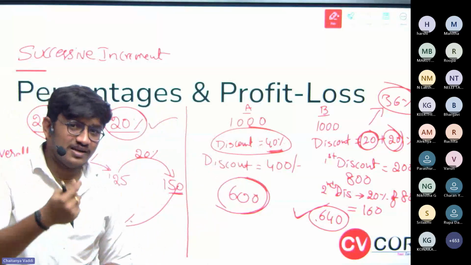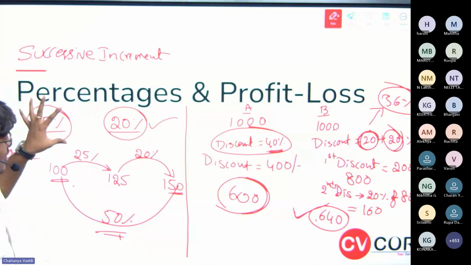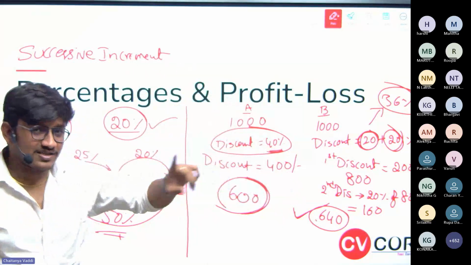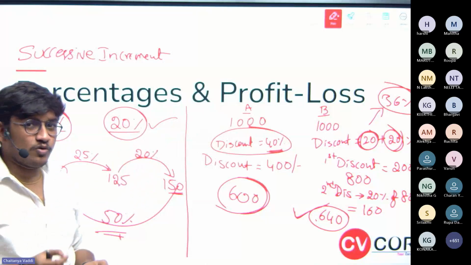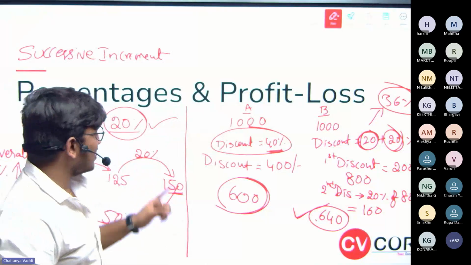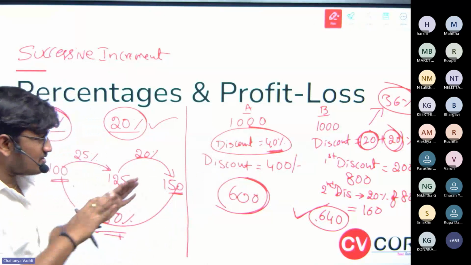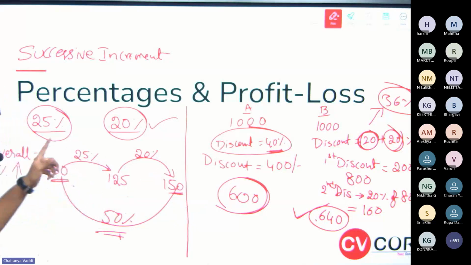You might ask, sir, why did you compare these percentages with the concept of discounts in profit and loss? As I said, both are almost the same. I just wanted to give you a direct shortcut to understand successive increment or successive decrement. Observe the difference here.